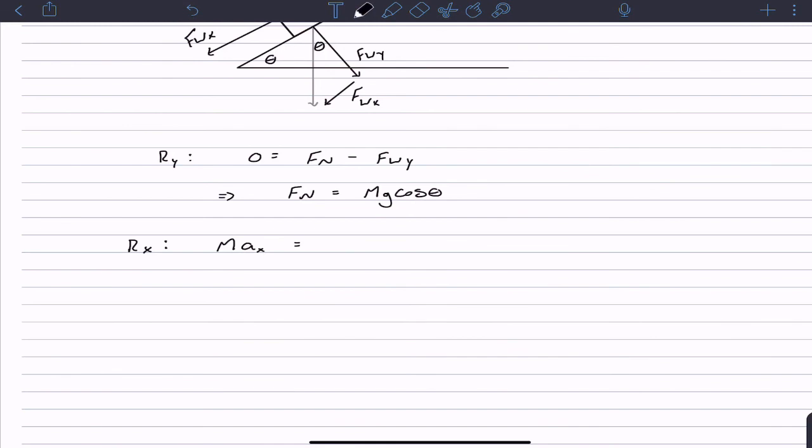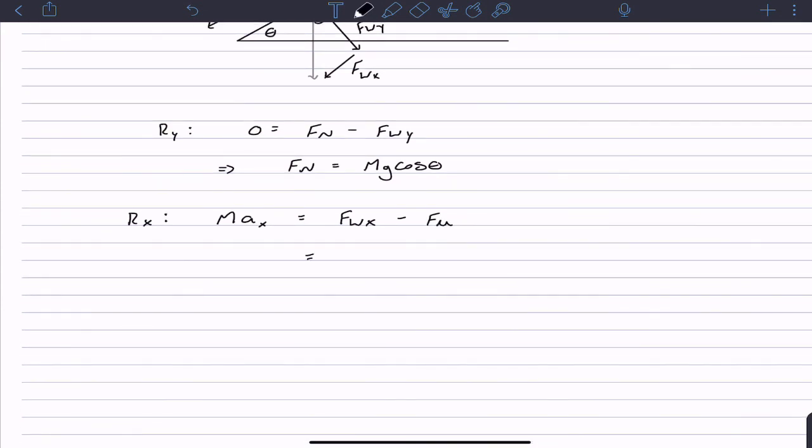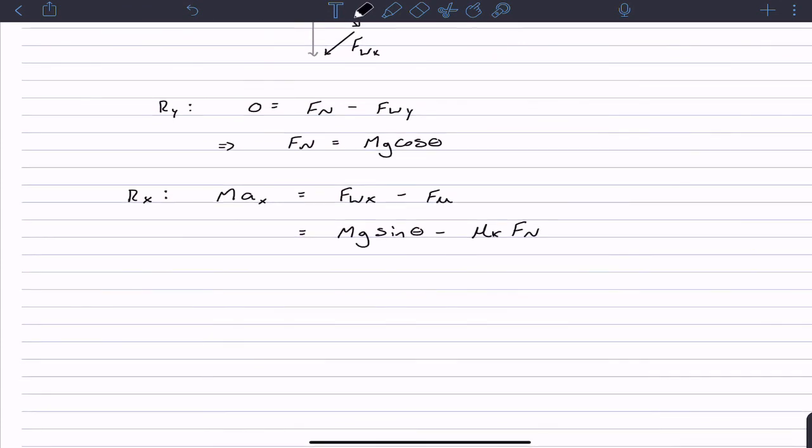So we're going to say m, mass of the sled and rider, times the acceleration in the x direction is equal to, what do we have? We have the weight force component in the x direction, and then the frictional force. So this is going to be mg sine theta minus, remember that this is going to be equal to the coefficient of friction times the normal force, right? And what does that mean?